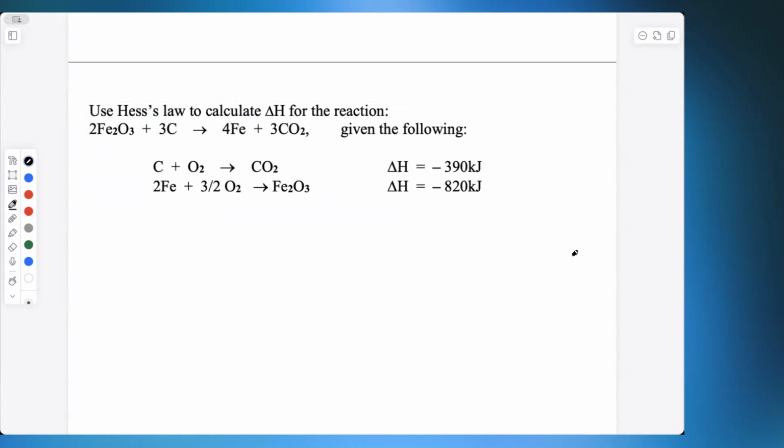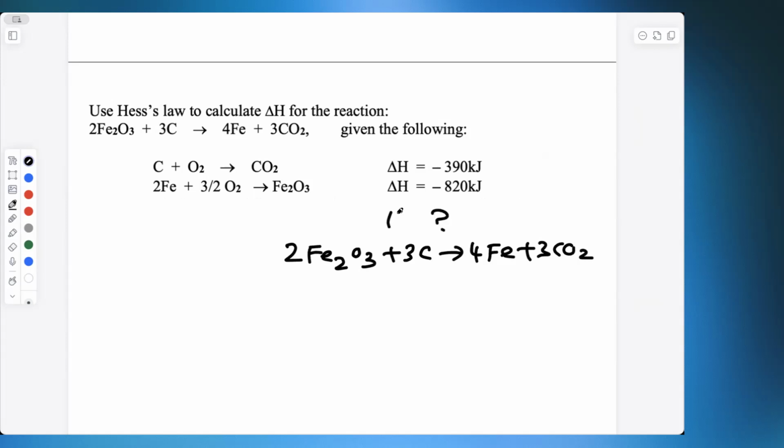So carbon has changed into carbon dioxide by oxidation, with delta H of minus 390, and iron plus 3 over 2 oxygen gives me Fe2O3. According to his law or his cycle, he doesn't care what reaction you are using as long as you are getting the values of delta H correctly. So he wants Fe2O3 plus 3 carbons to give me 4Fe plus 3 CO2.